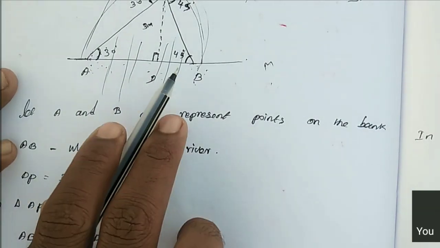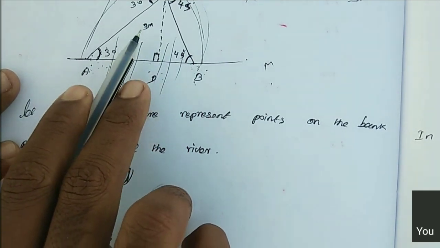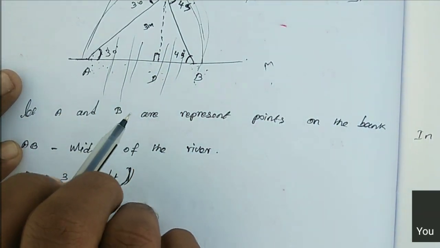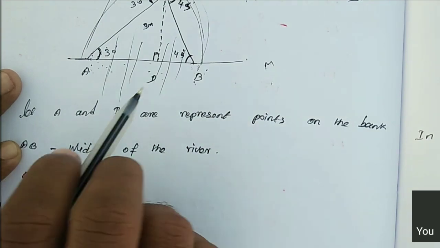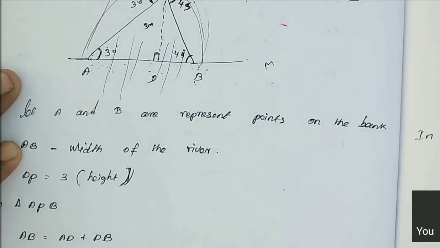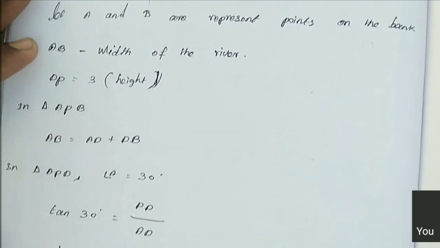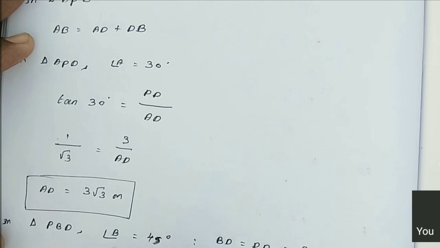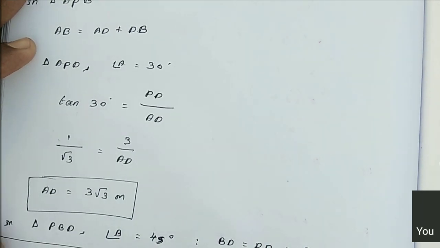Now we want to find BD. The BD value is 3 only, no? What ratio can we use here?